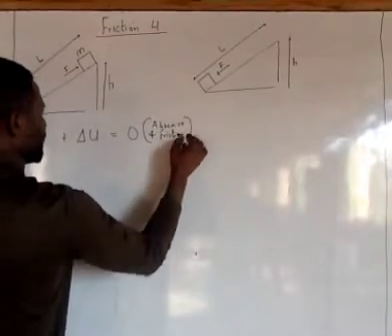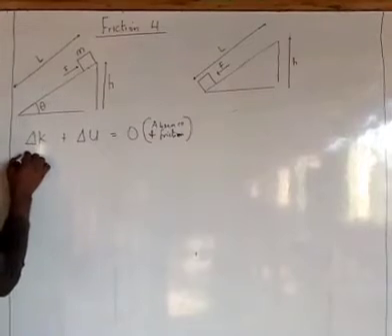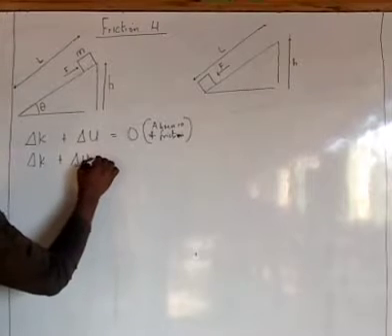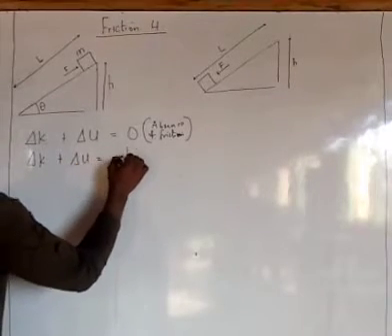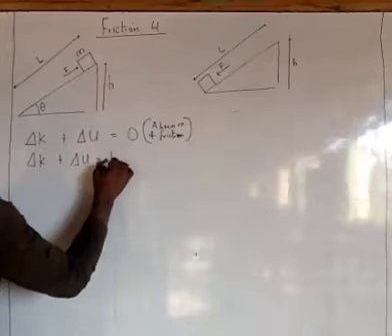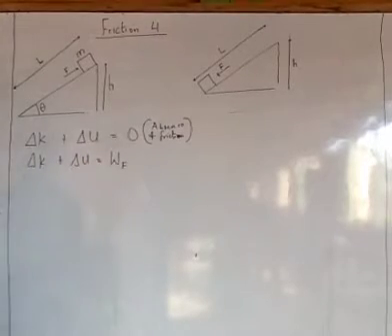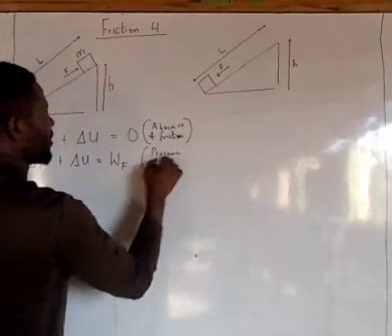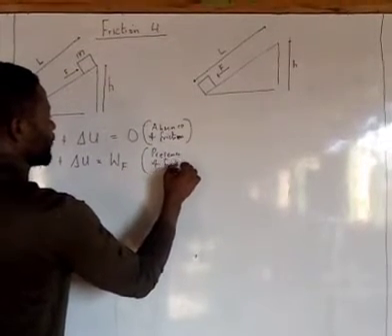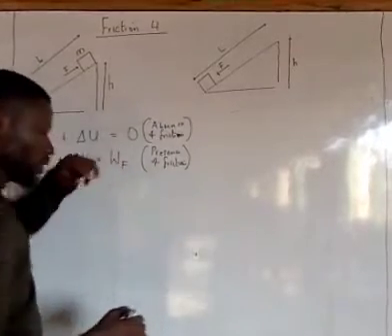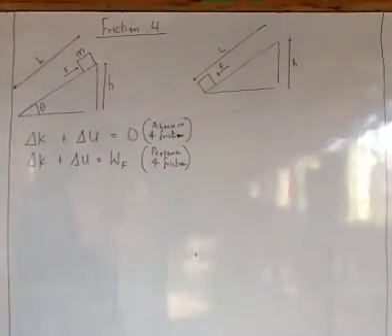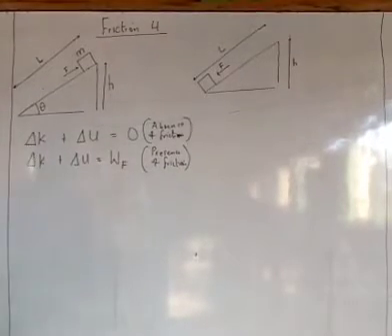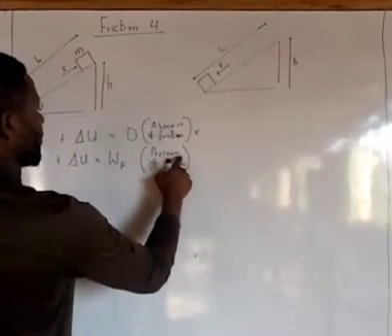In the presence of friction, we have delta K plus delta U, which is equal to work done by friction. This is in the presence of frictional force. So in this video, we want to deal with the one with friction, not this. So we are not going to talk about this, but we only talk about this.